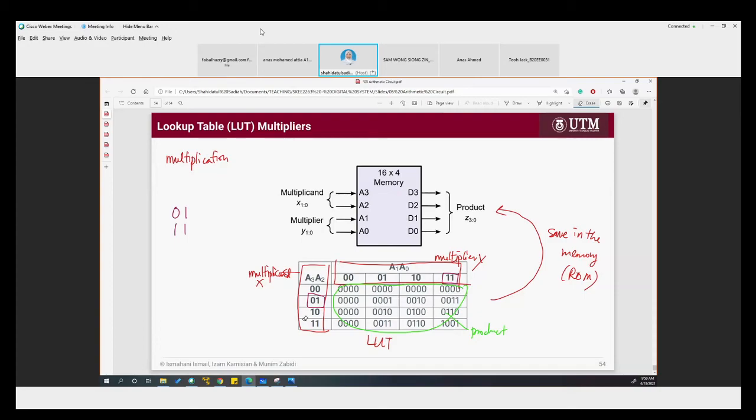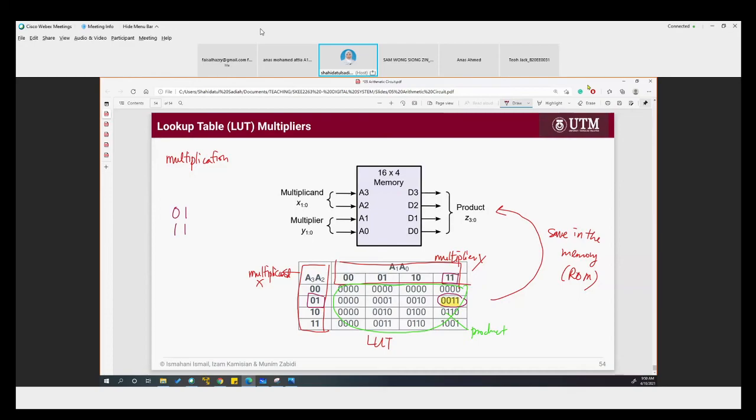It is here. You find the grid of 0, 1 and 1, 1, which is 0, 0, 1, 1. That is how you use the lookup table.